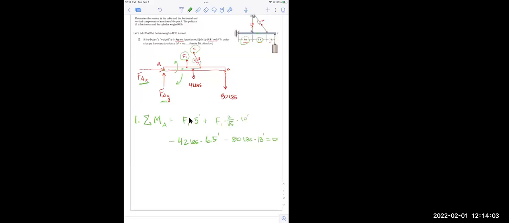So that's cool. So let's see, if I add 80 times 13 to the other side and 42 times 6.5 to the other side, just to kind of be careful. What are you going to do with two force ones? Hopefully your algebra skills aren't going to let you down here.